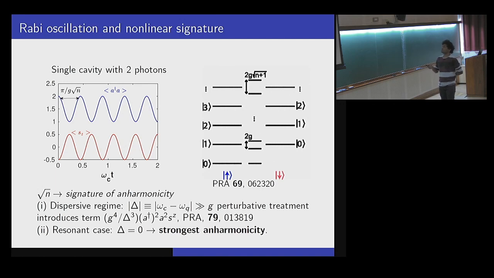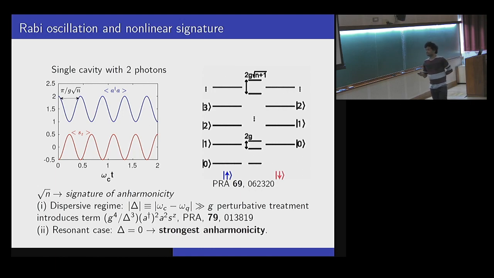Same for the down spin and the photons. Now if we introduce the Jaynes-Cummings interaction, the separations are scaled as square root of n plus 1. These are basically polaritonic states. So the anharmonicity or the nonlinearity is obvious here.